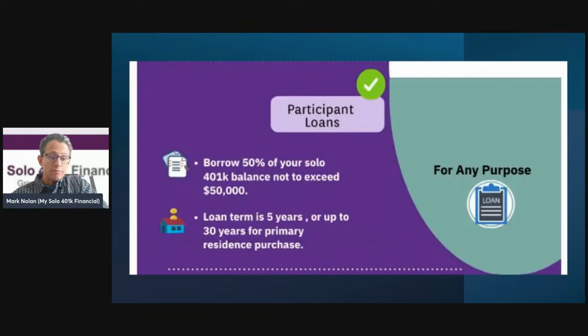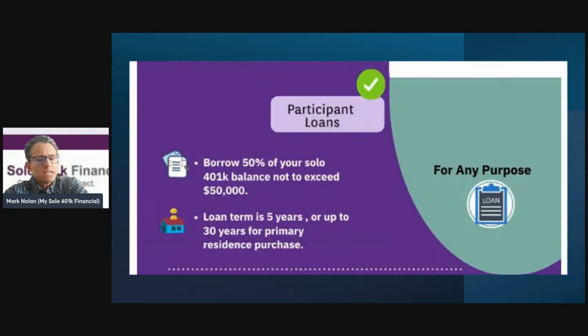All right, now that we've gone through all those different slides about how to report contributions, let's keep talking about other features of the self-directed 401k, such as participant loans. You can process a participant loan from your self-directed 401k where you, as the participant, borrow within the limits.